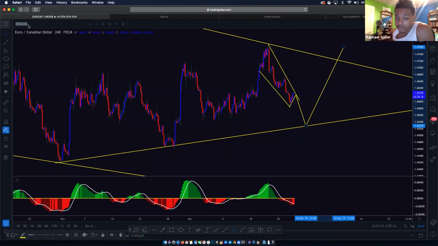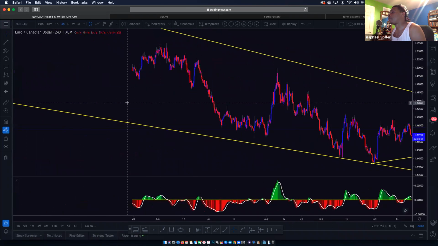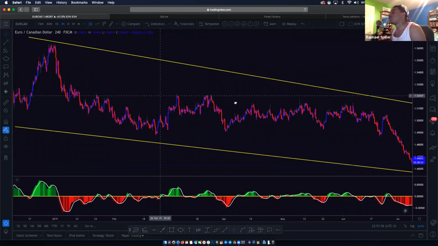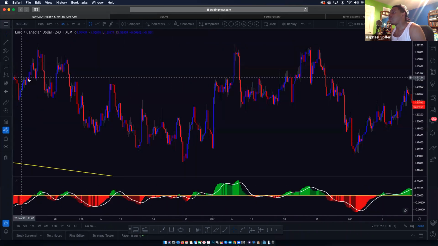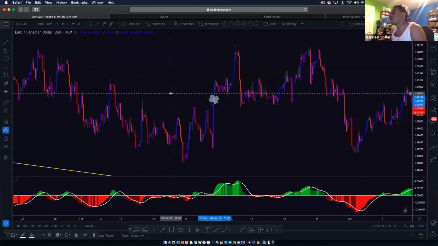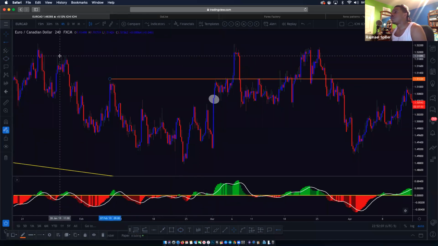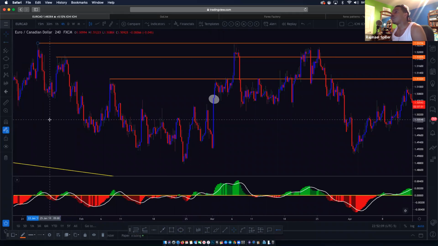Your TPs are subjective. Your TPs are your next support and resistance levels. So for example, if I enter at this area right here, my TPs would be here, here, and here, right?